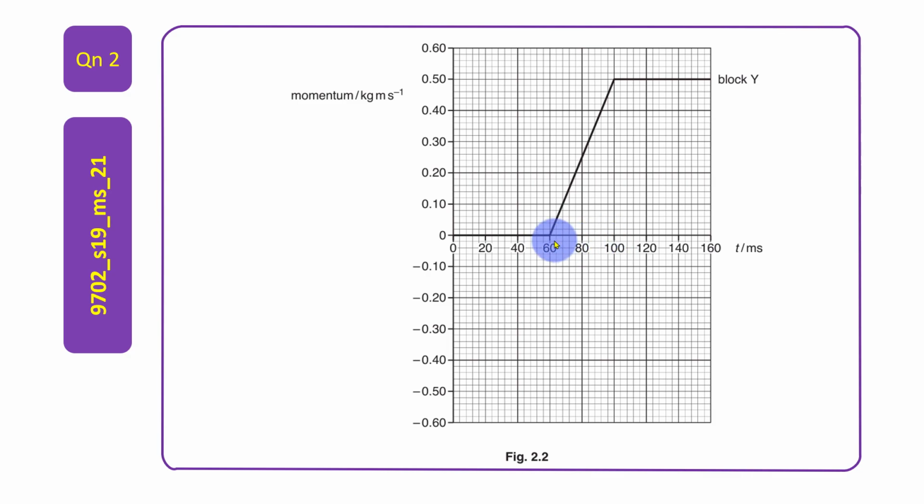And remember, its momentum is increasing because it is in contact with X. At this particular instant of time, they separate, and the momentum of Y remains constant at 0.5 kilograms meter per second, of course, to the right.